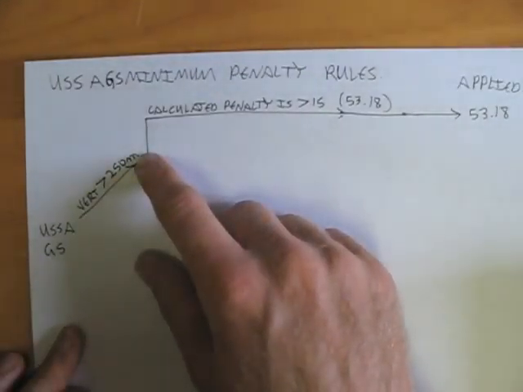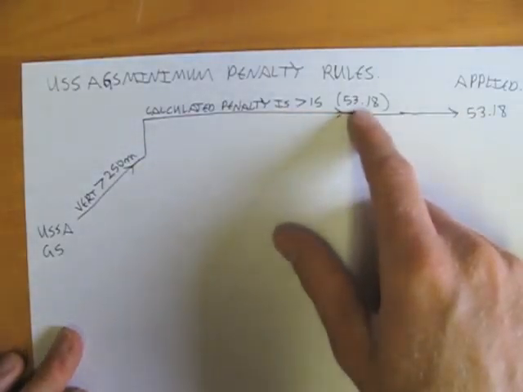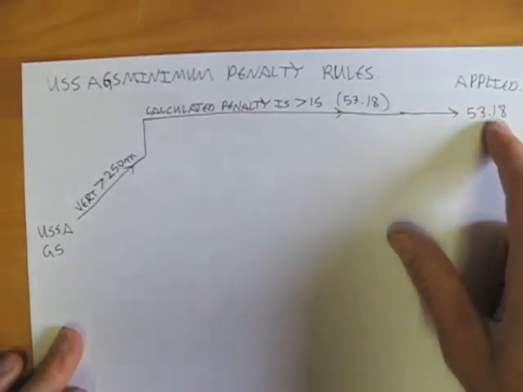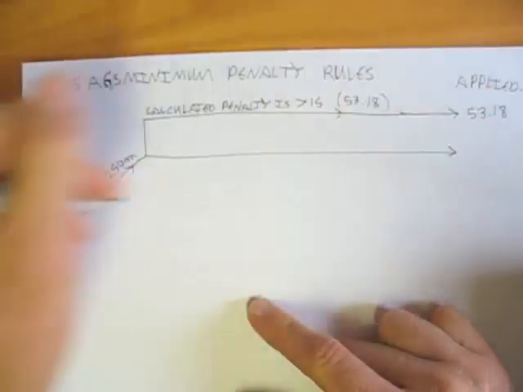You're over the minimum vertical, so the time doesn't apply. Your calculated penalty is 53.18. It's over the minimum, so you apply 53.18. Then next scenario.